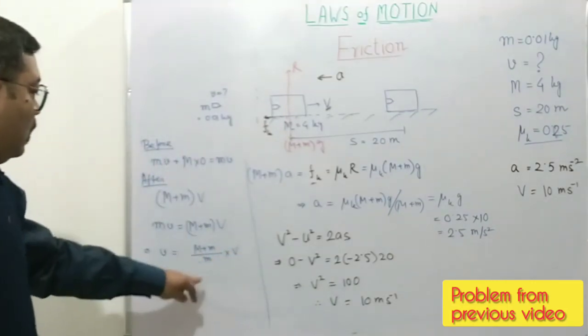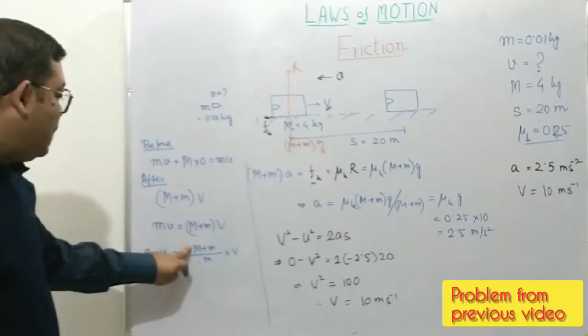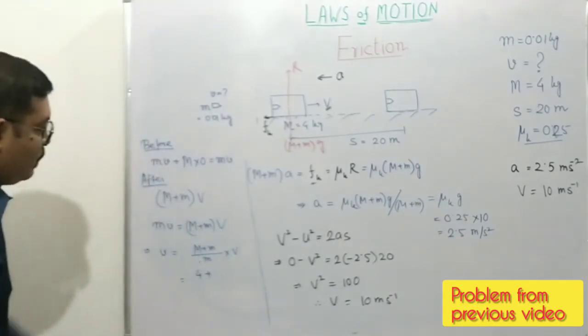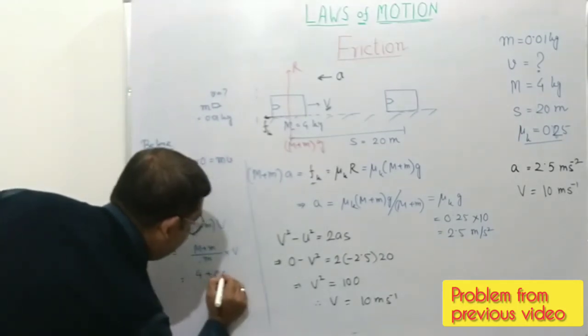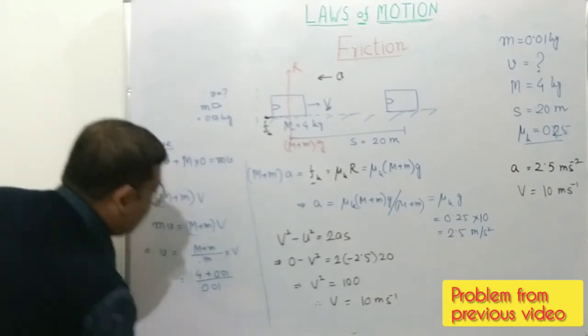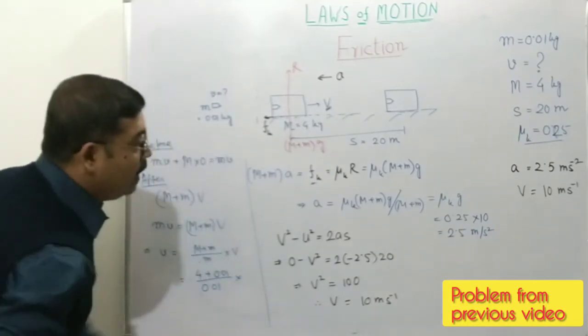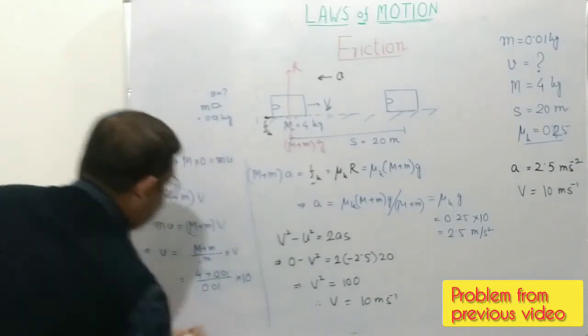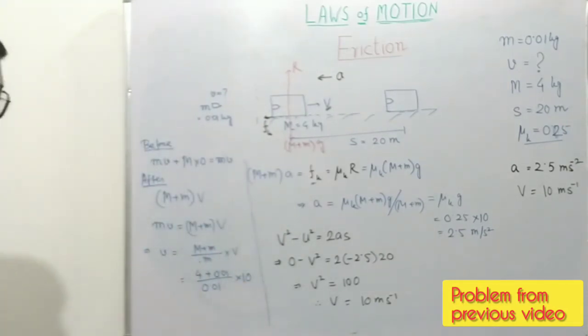Now see, we have all the information that we require. Mass of the block is 4 kg, mass of the bullet is 0.01 kg, divided by 0.01 kg, mass of the bullet, multiplied by 10 meter per second. So simplify this.